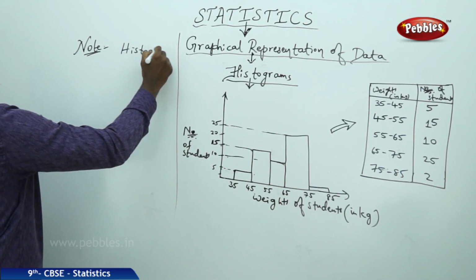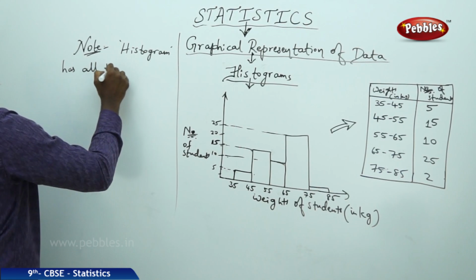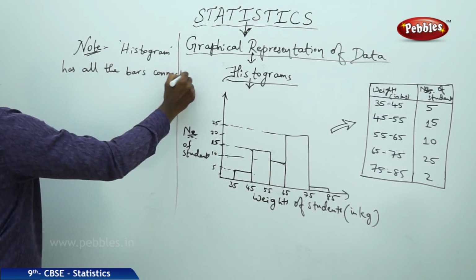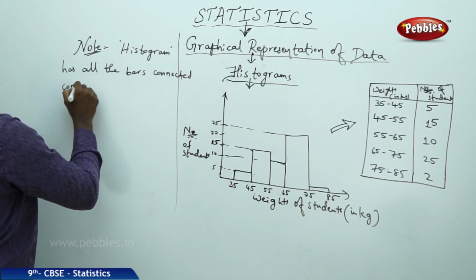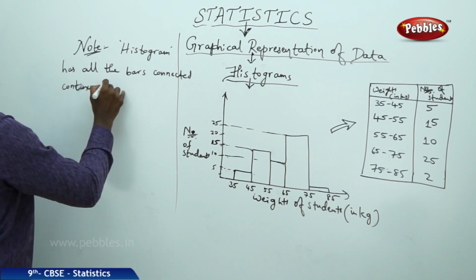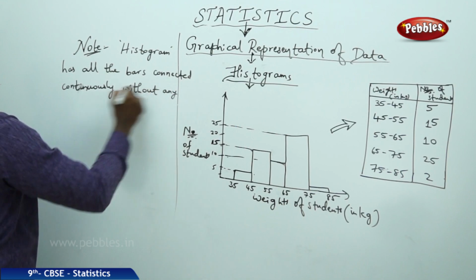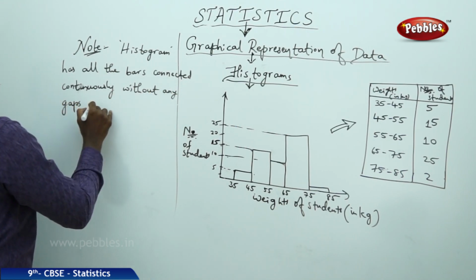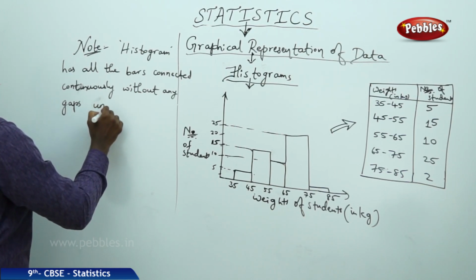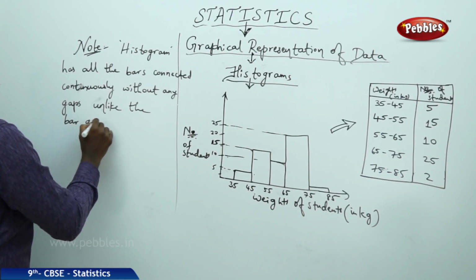Histogram has all the bars connected continuously without any gaps, unlike the bar graphs.